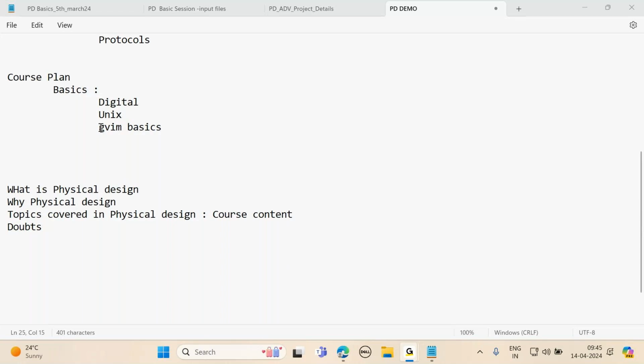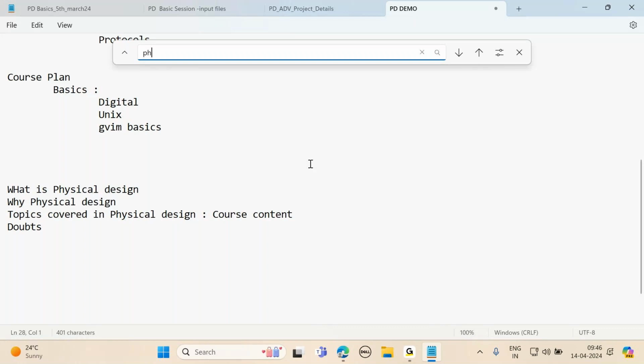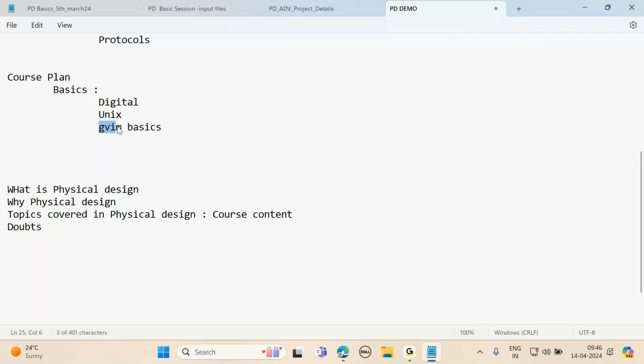If I want to search for anything here, for example the physical design keyword, how do I search? Press Control F and type physical. Similarly, how to search using the GVIM editor. If I want to get line numbers here, how do I do it?